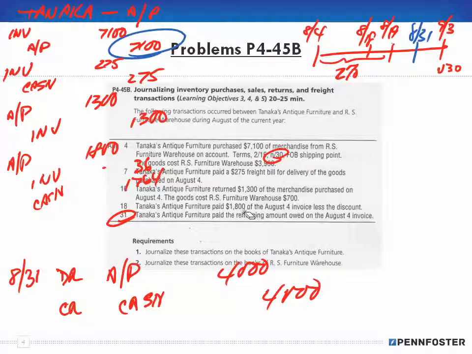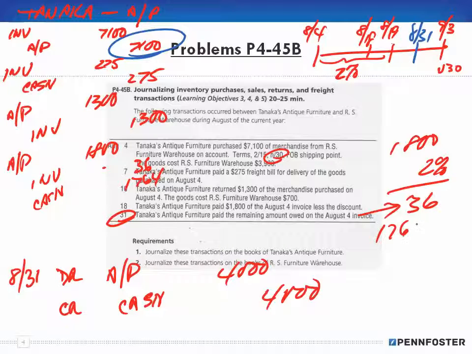If you're doing RS's side for the partial payment of 1,800, remember, it's still going to be a 2% discount, so they're going to debit the sales return allowance account for the $36, and the difference between the two, the 1,764, that would be to cash, and the remainder goes to the accounts receivable.